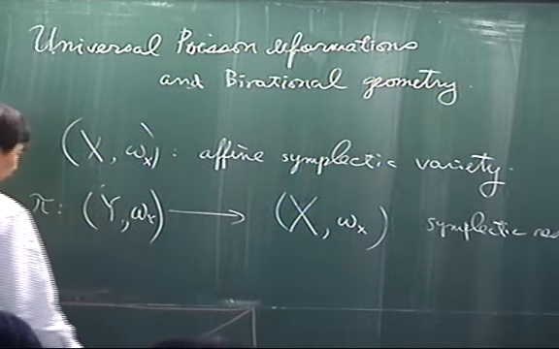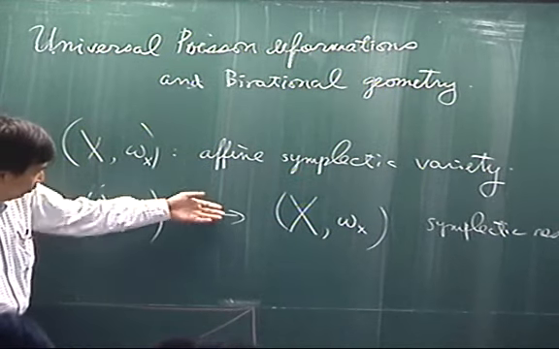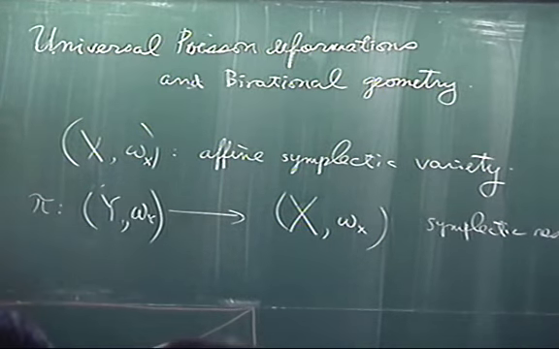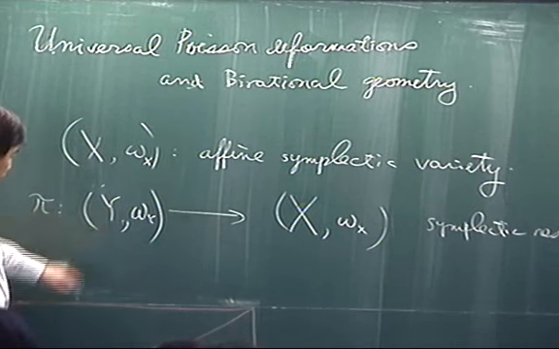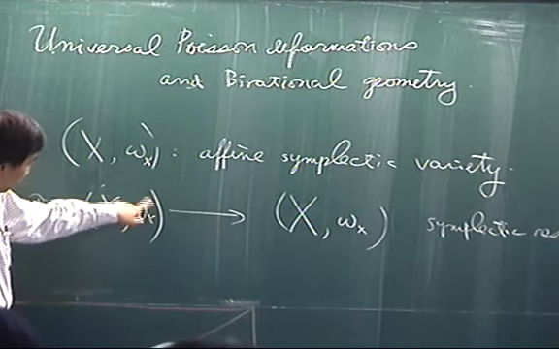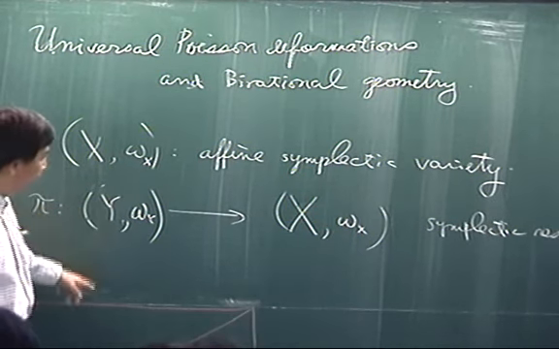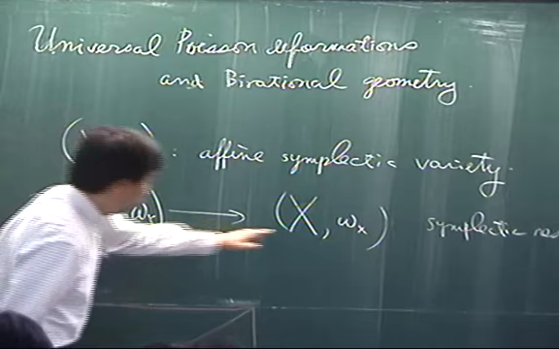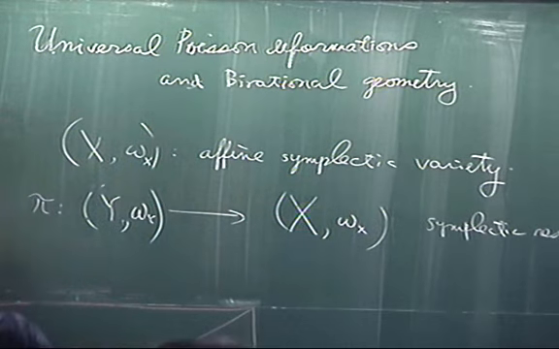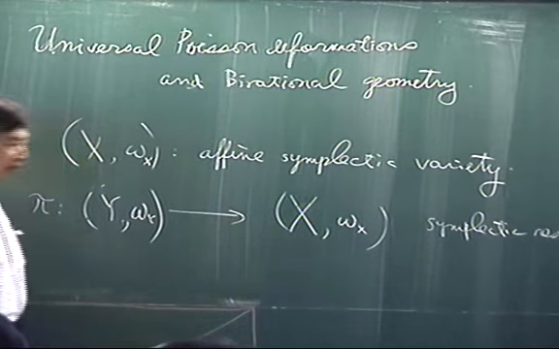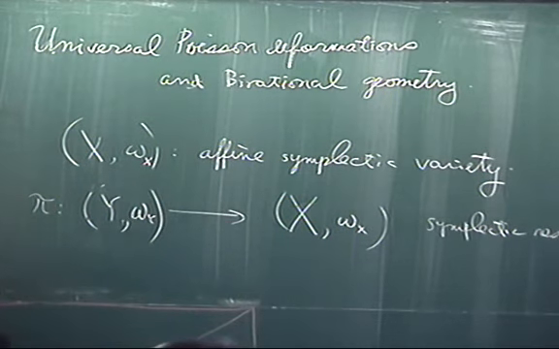This means that this is a birational projective map, Y is smooth, and omega Y is also a holomorphic symplectic 2-form on Y. Y is smooth, and it is just a pullback of this form. So assume such X has such a symplectic resolution.